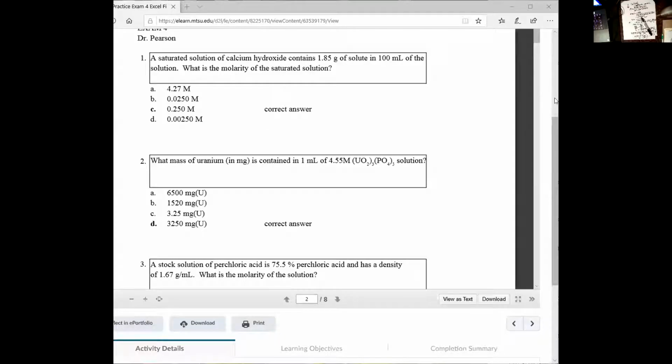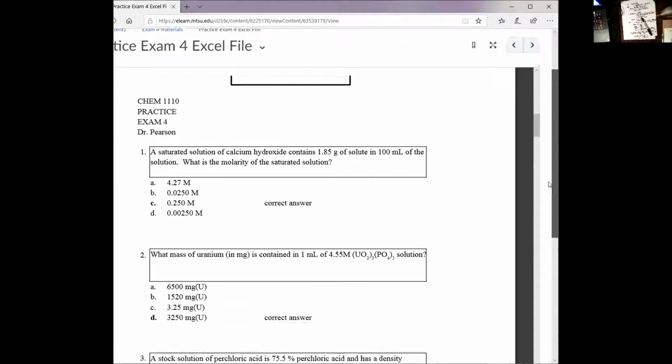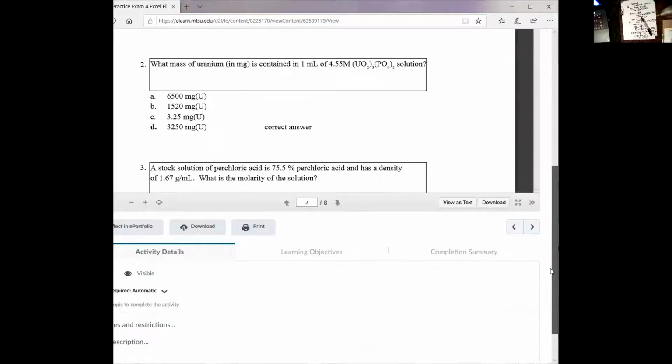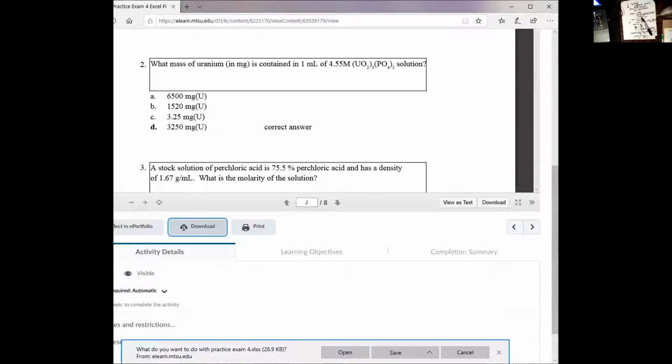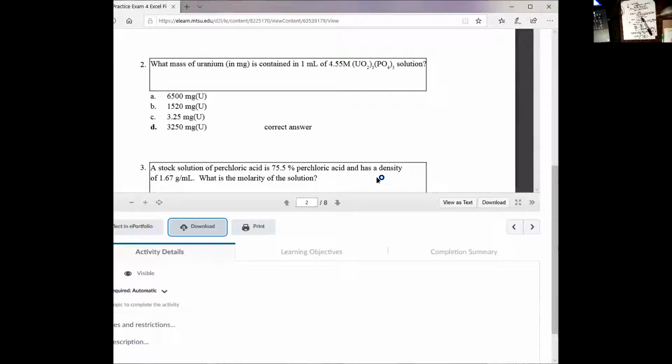Okay, now let's look at the next one. Oh, there's what I wanted a while ago. All right, that makes it easier. And so now I've got it formatted so it won't look messy when we start working with the problems.